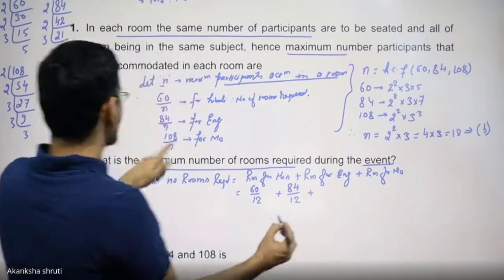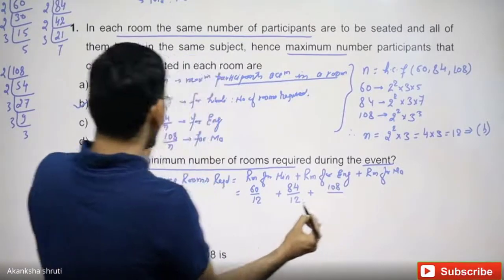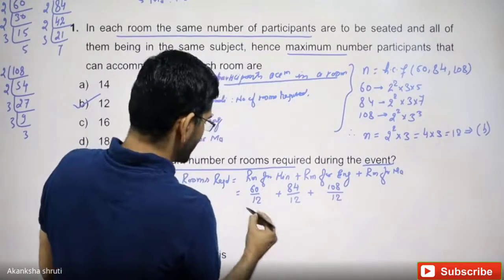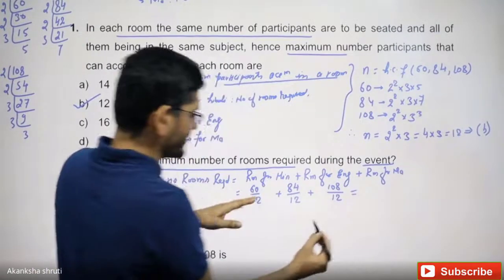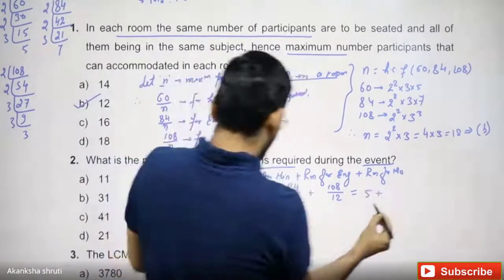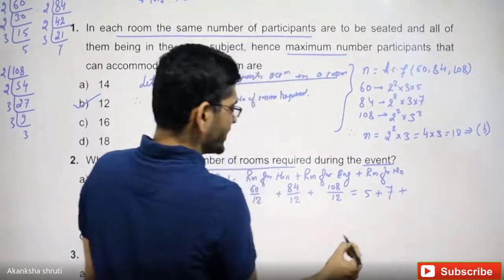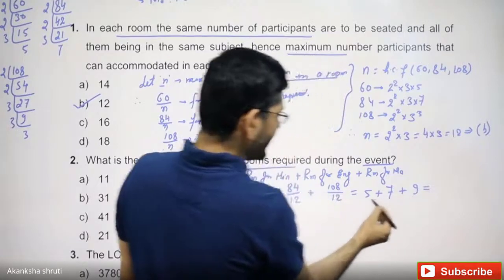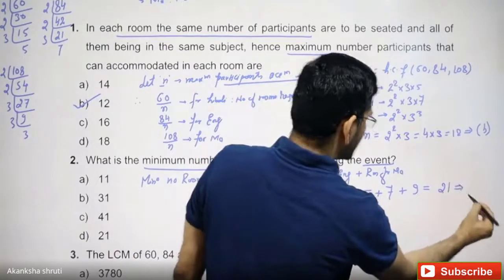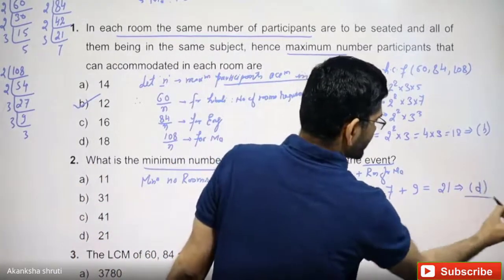Plus for mathematics, a total of 108 participants, and in each room only 12 participants can be accommodated. So 108 by 12. Simplifying, it becomes 5, the next one is 7, the next one is 9. Go for adding: 5 plus 7 plus 9, 21 is the answer. This way, it is matching with option D, which is the required answer.